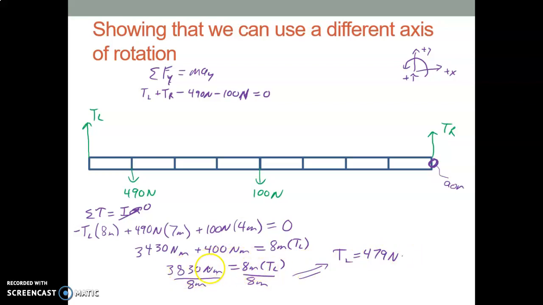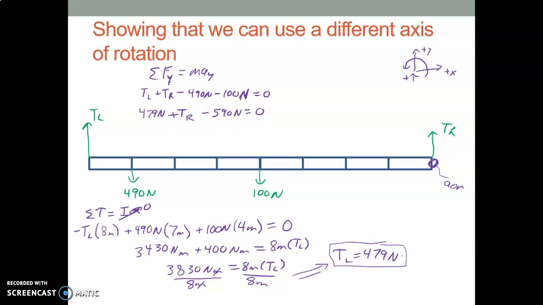Look at the units here. We've got newton meters and then divide by meters, so that's newtons, and that makes sense. We're solving for a force, so we better get units of newtons. And then we put that back up in here. 479 newtons plus TR minus, and I'll go ahead and combine those, minus 590 equals 0.